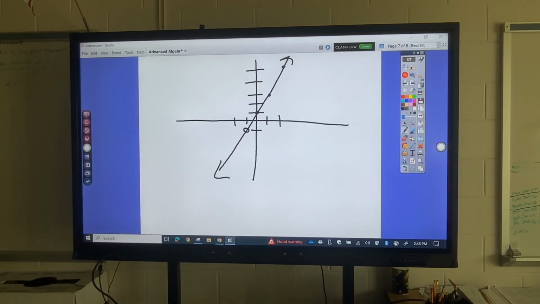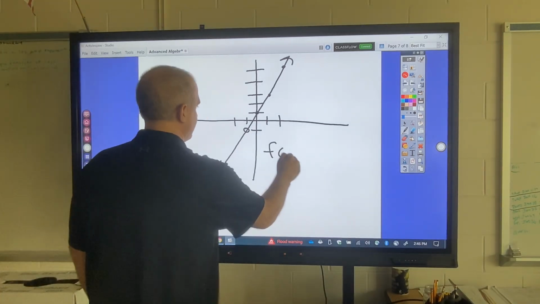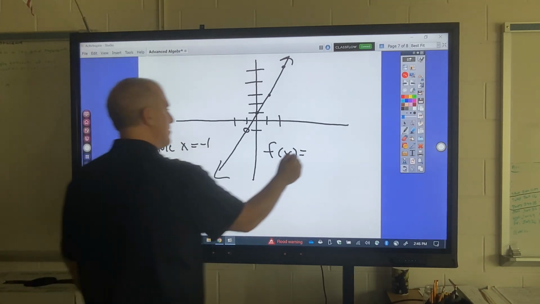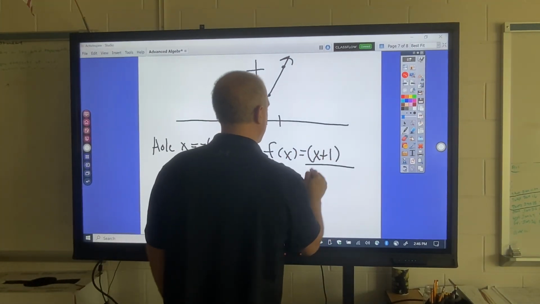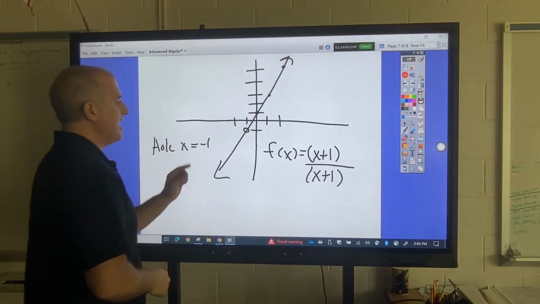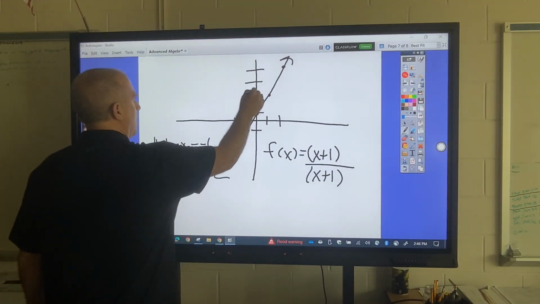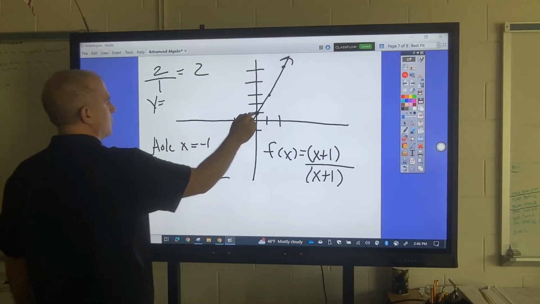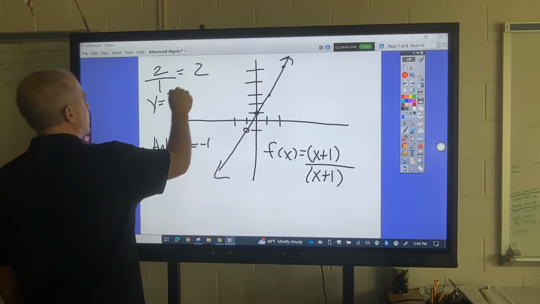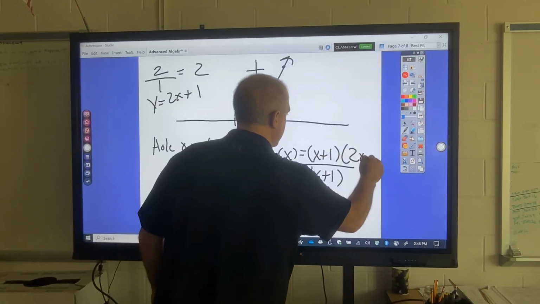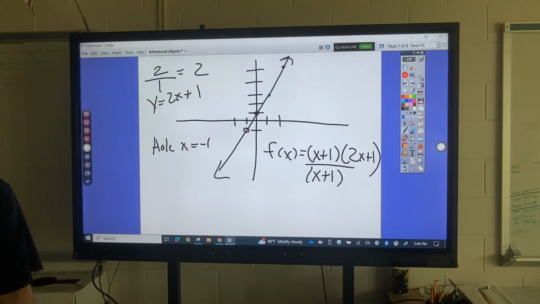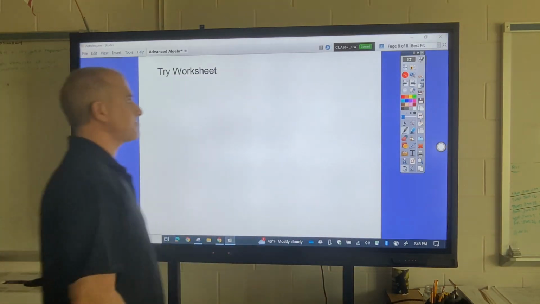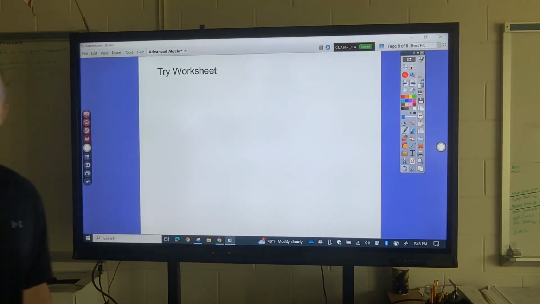There's a hole here at -1, so I would know that that would cross off. Now, the remaining part is the slope, which is up 2 over 1, so that's 2. So y equals 2, and then it crosses at 1, so that'd be 2x plus 1. That would have to be the top part, okay? So just a little bit of a thinking skill on that part. And then I'm going to pass out a worksheet for you to try.